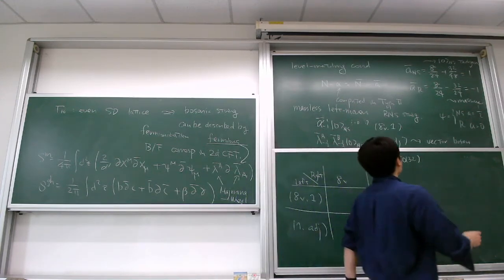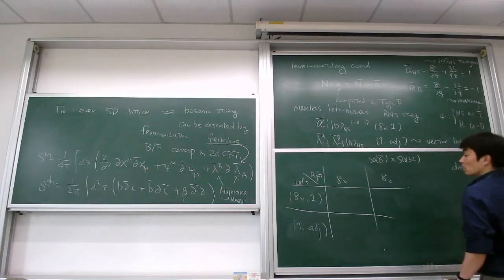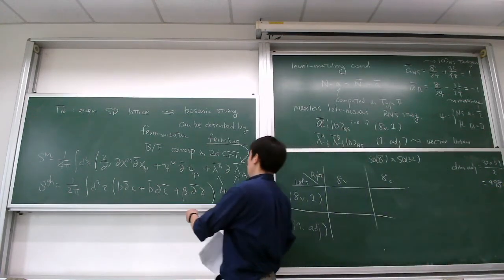And again, the adjoint dimension is 32 times 31 over 2, it's real, 496. Okay. This 496 shows up like before, right? From bosonic construction.